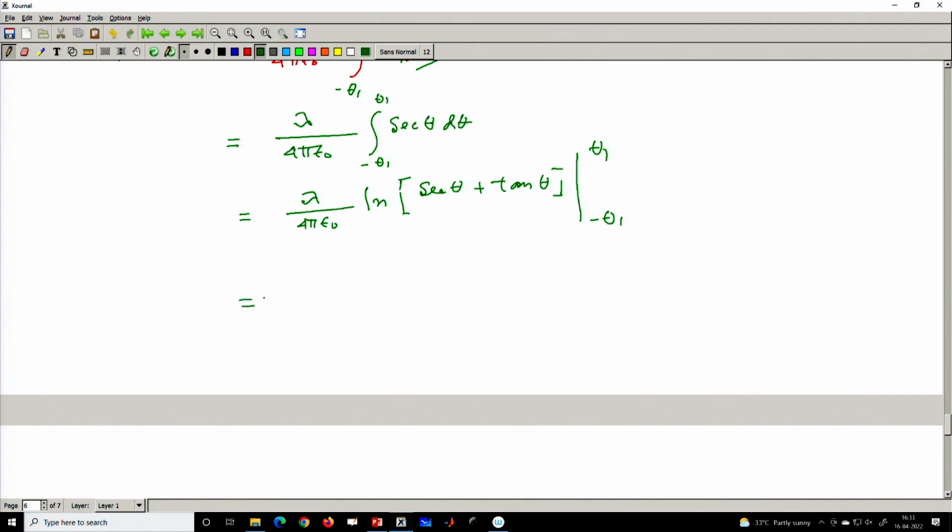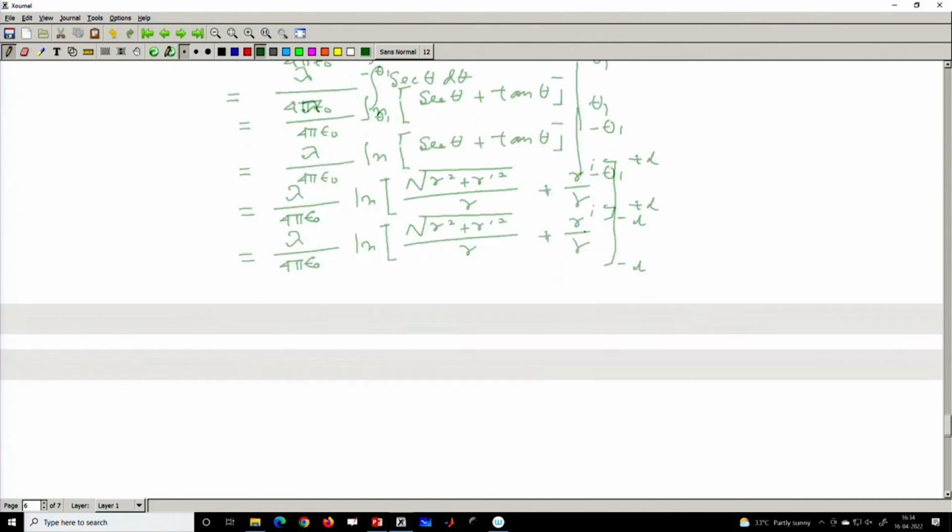If I now go back to the real coordinates, which are r and so on, it is simply ln, where sec theta I calculated is root of r square plus r prime square divided by r, and tan theta is r prime divided by r, and that is from minus L to plus L, because now I have removed theta.